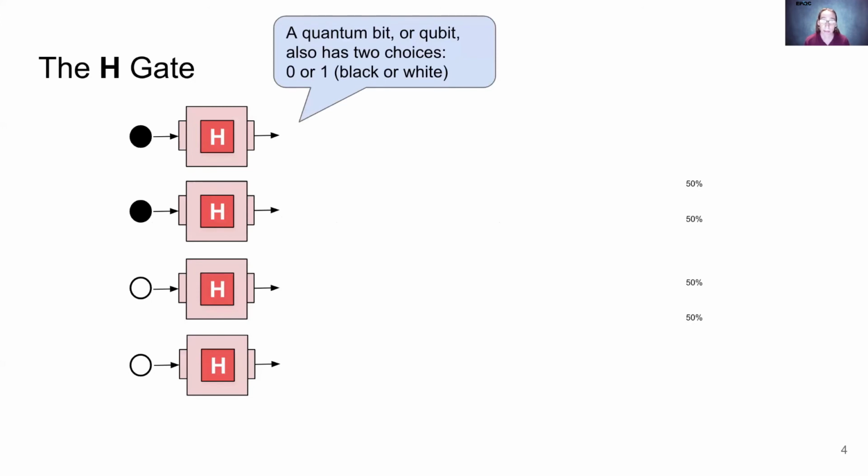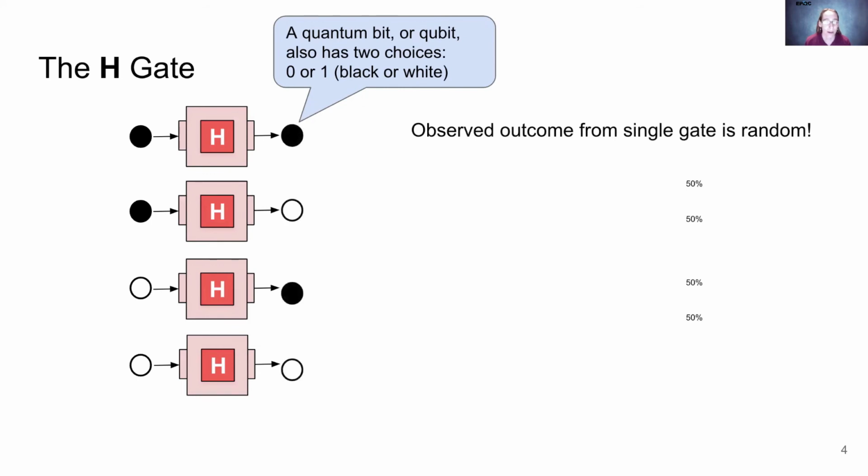So in quantum, we have something called a qubit, hence the name of the game. And it holds one piece of information in a quantum system. And it can be either a 0 or a 1, and we'll depict that as black or white. But unlike classical systems, we can use what's called an H gate, and we can cause it to not just have the same outcome based on the input. So we could put a black ball into this H gate, and sometimes I would get out a black ball, and sometimes I would get out a white ball.